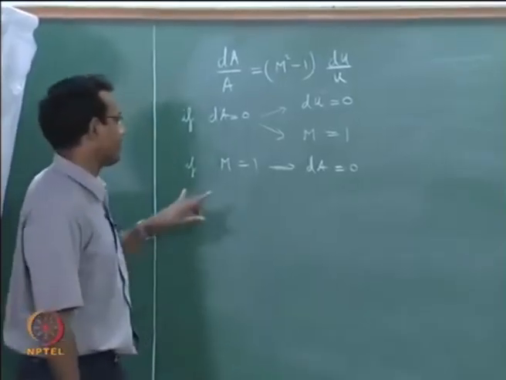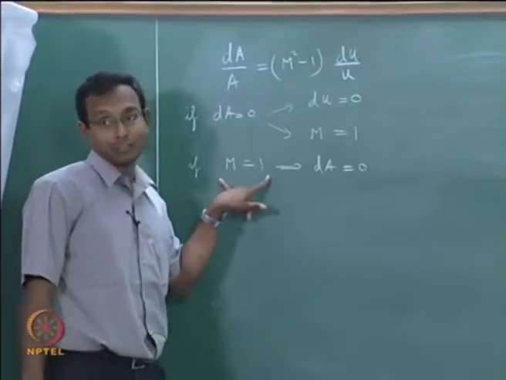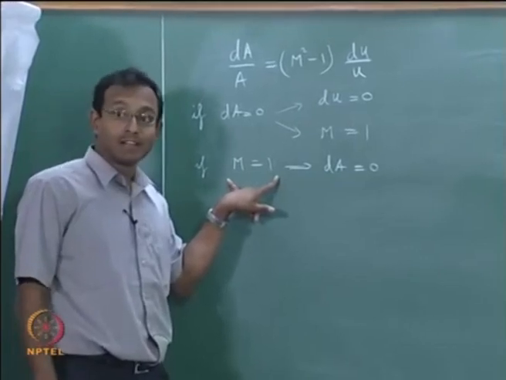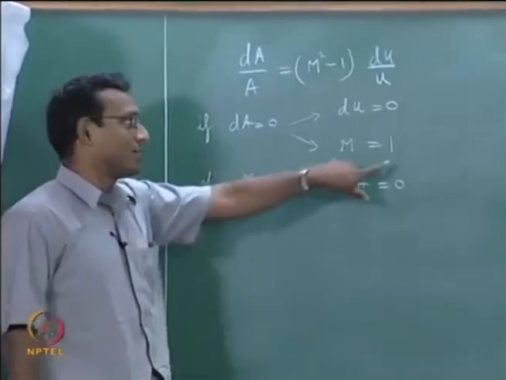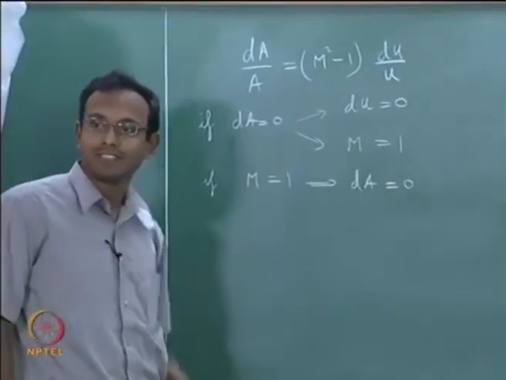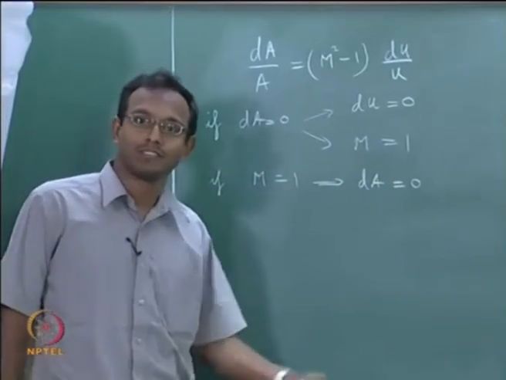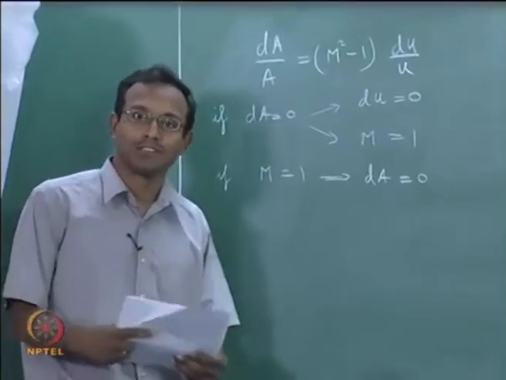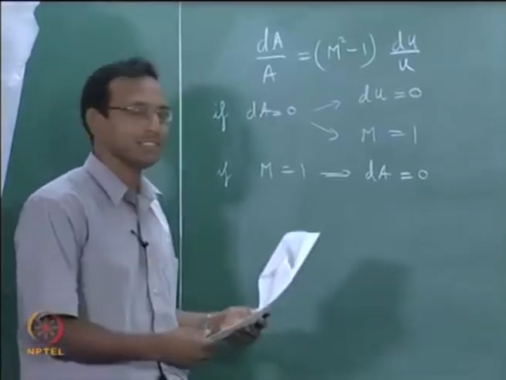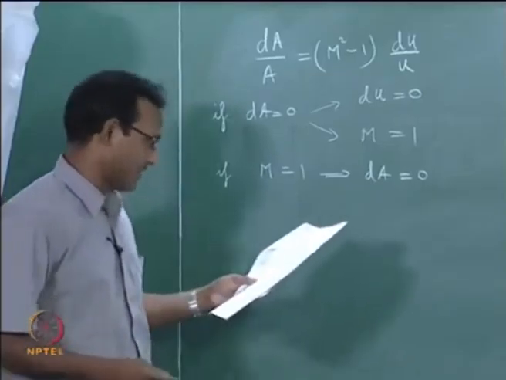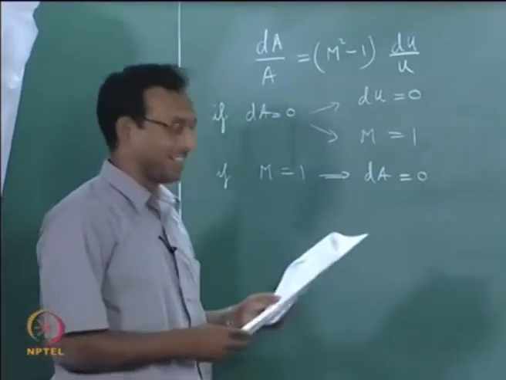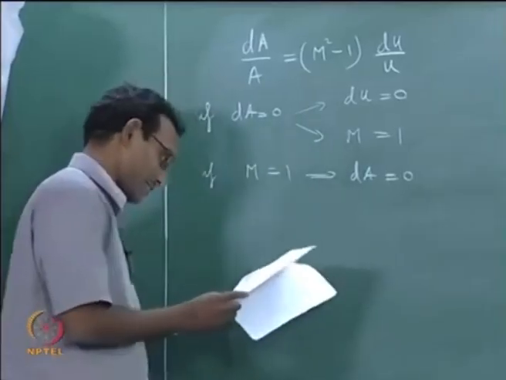If Mach number is 1, definitely dA is 0. That does not mean if dA is 0, Mach number is 1. One of the common mistakes in simple books, if you go pick some simple books, not well written books, you will see this kind of mistakes happening there. Okay. I can give you a crazy example for it. I liked the example from one of the books, so I can use that in here.